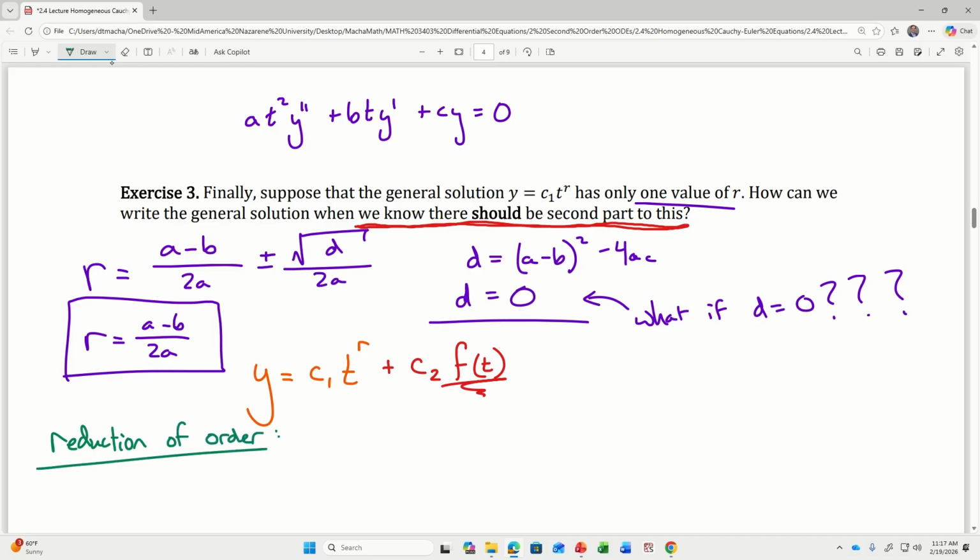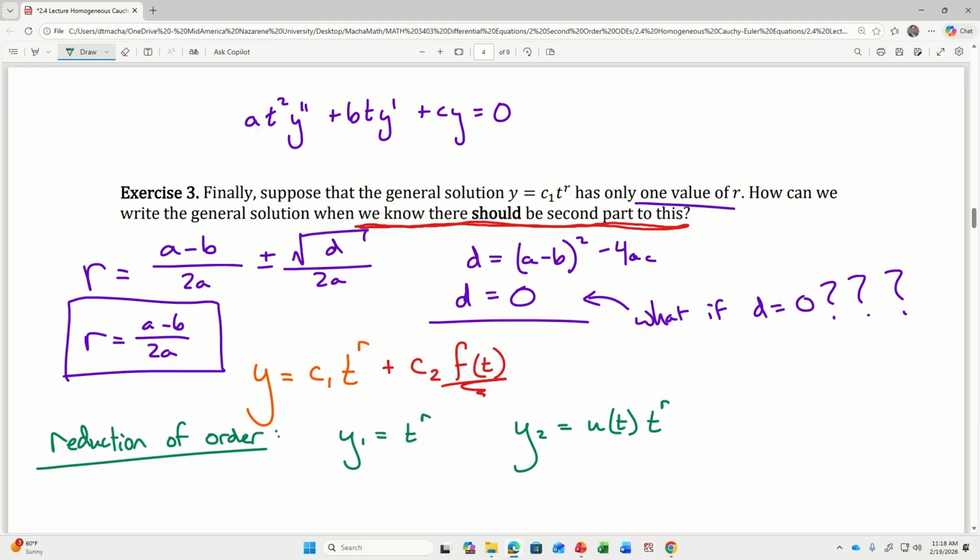In reduction of order, we say, well, my first solution looked like t to the power r. And we're going to take a guess, and it's not so much of a guess as it is just a way forward. The way forward is to say my second solution is going to look like some function u of t times my first solution, t to the power r.